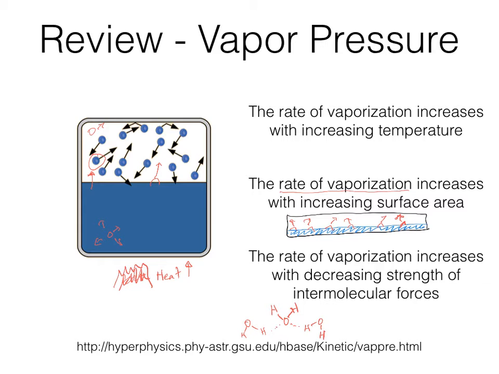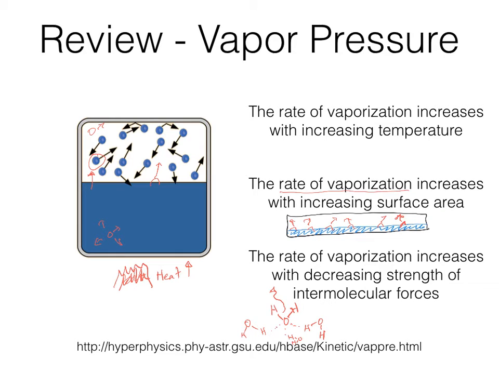If this is the view at the surface, it's going to take a lot more energy for this water molecule to escape out into the gas phase because it's being attracted by these other water molecules. And even more importantly, it's being attracted by water molecules that are down below the surface.